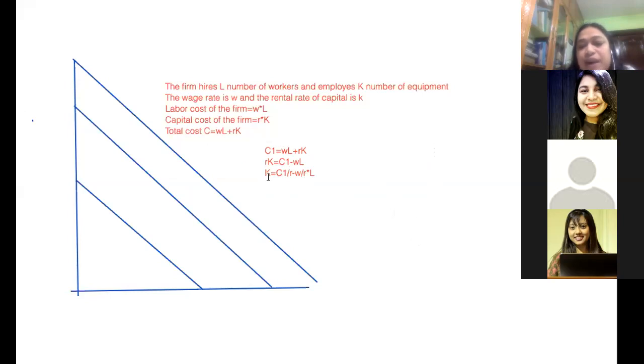We can just rearrange this to be K is equal to C1 by R minus W by R into L. This C1 by R is the intercept over here.